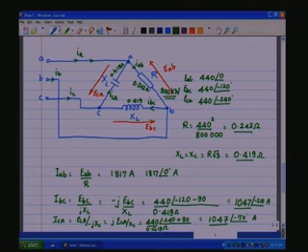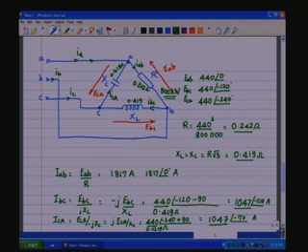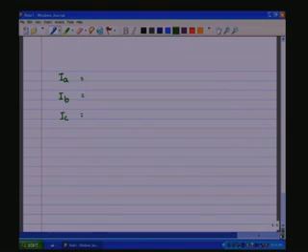The effective value of IA, IB, IC is also to be calculated. IA is this current, that is the IAB current, minus the ICA current. So, IAB current minus ICA current.